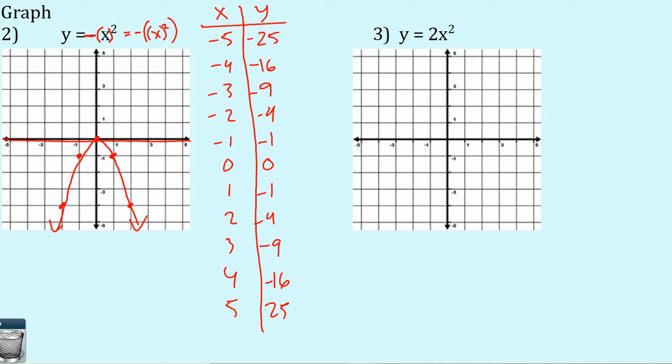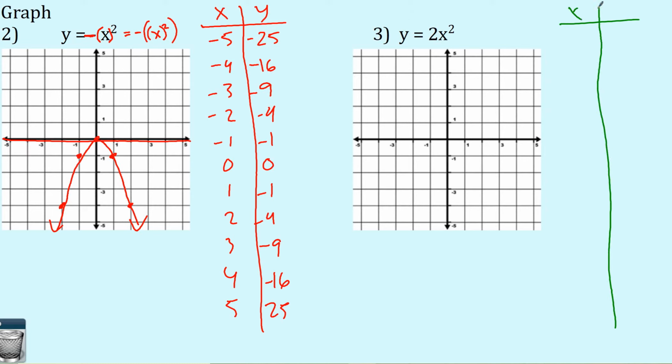Well, then what's going to happen when we change our a value? Because for absolute value, it was really nice and simple because it was just the slope of a line. This is not a line. Our slopes are doing weird stuff here. So let's graph it and see what happens.